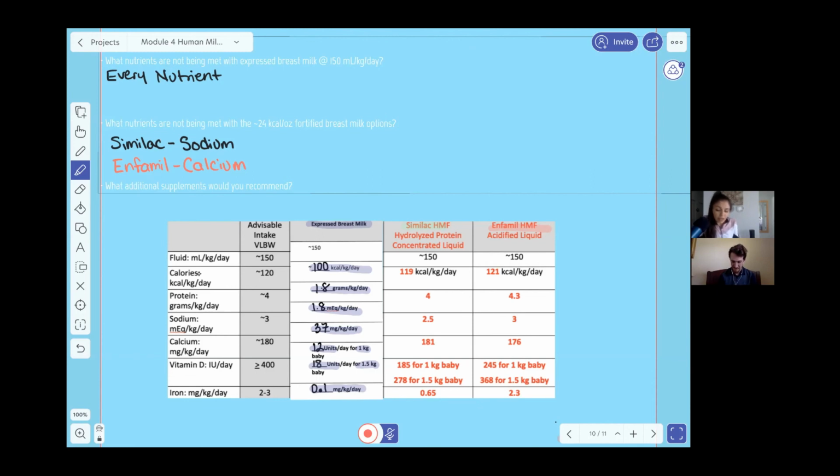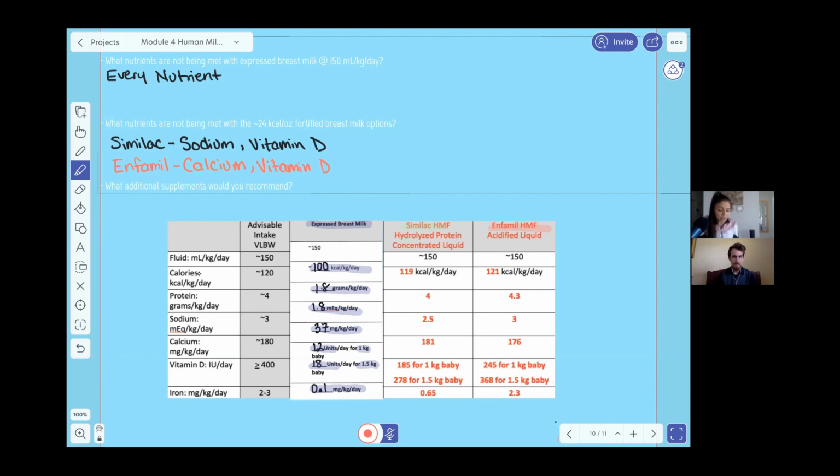And our Enfamil, we have 245 IUs for a 1 kilogram baby and 360 IUs for 1.5. So that is also still lacking. We're still not being met. It is close, especially for the 1.5 kilogram baby, about 368, but close does not cut it, right? Not in this case.